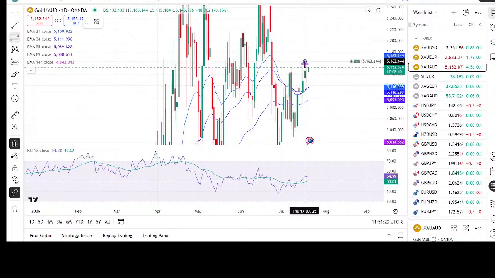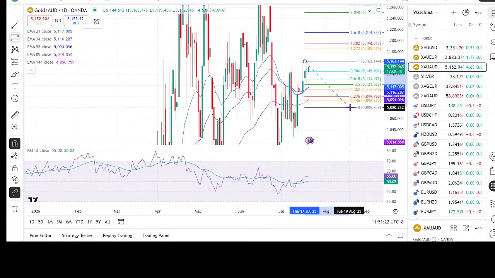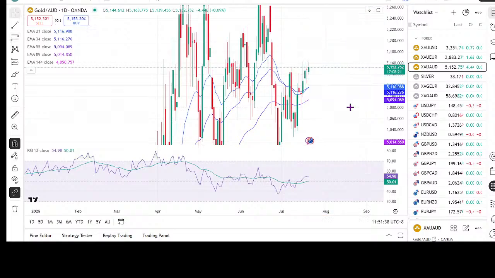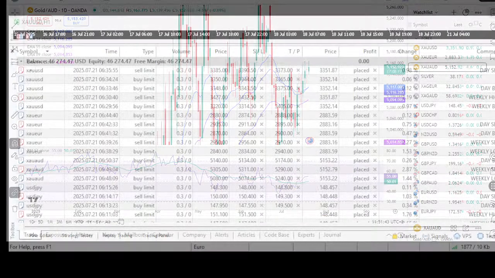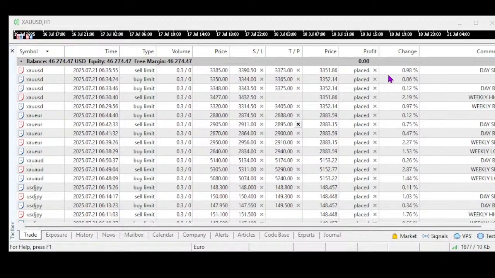But need to see a break of this level, then only we can see the price heading towards the high. So we have a resistance at 5185 and 5195. So we will go for a sell at 5185. Okay, and remember this is a counter trend.